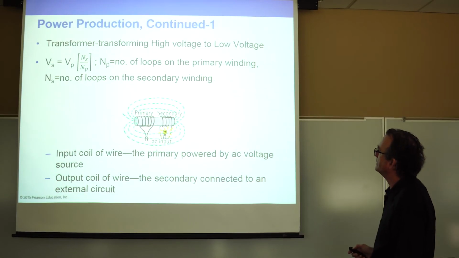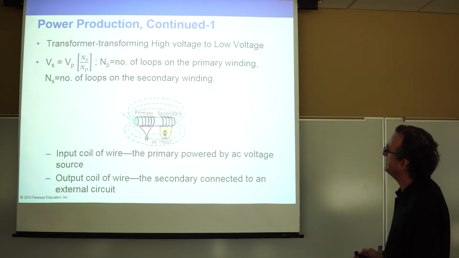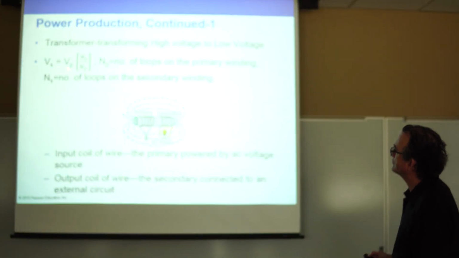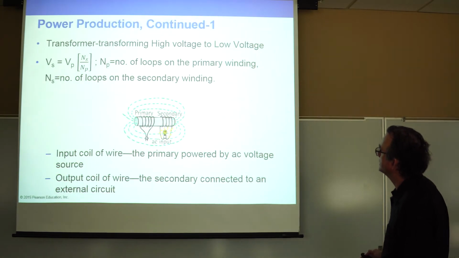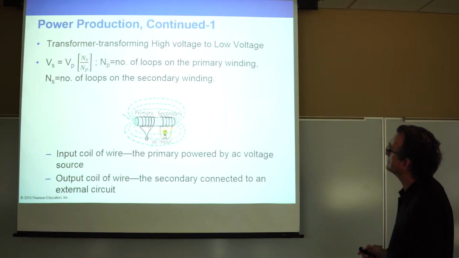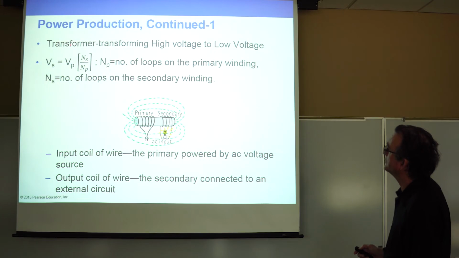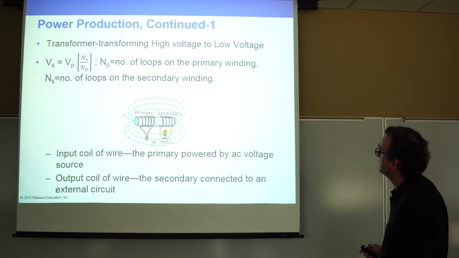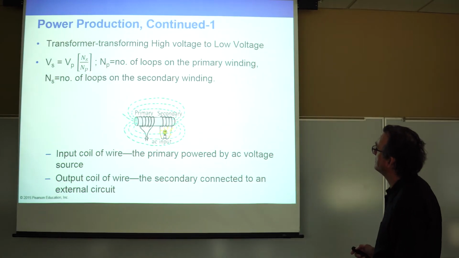So the primary voltage, which is given by VP here, can be transformed to a lower voltage in the secondary winding by using a smaller number of loops in the secondary winding than you have in the primary winding.